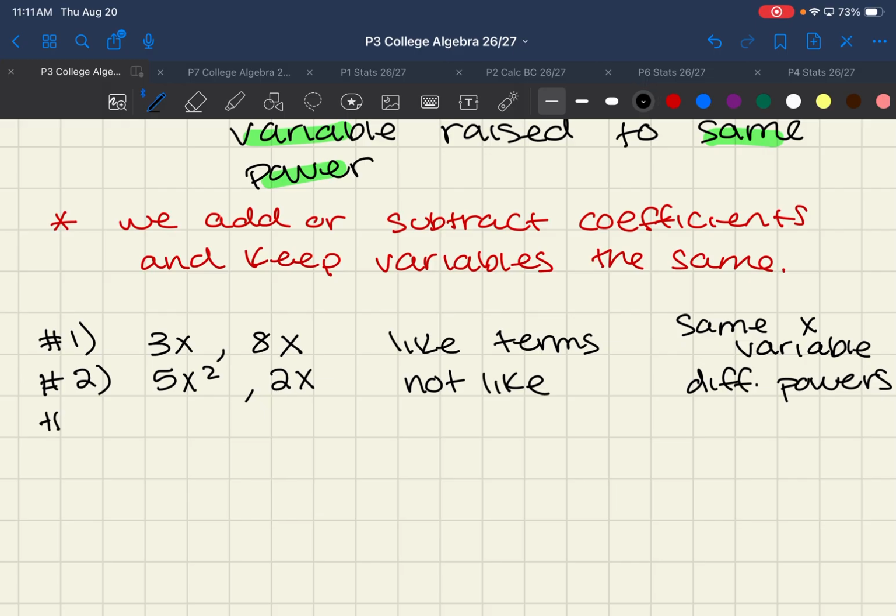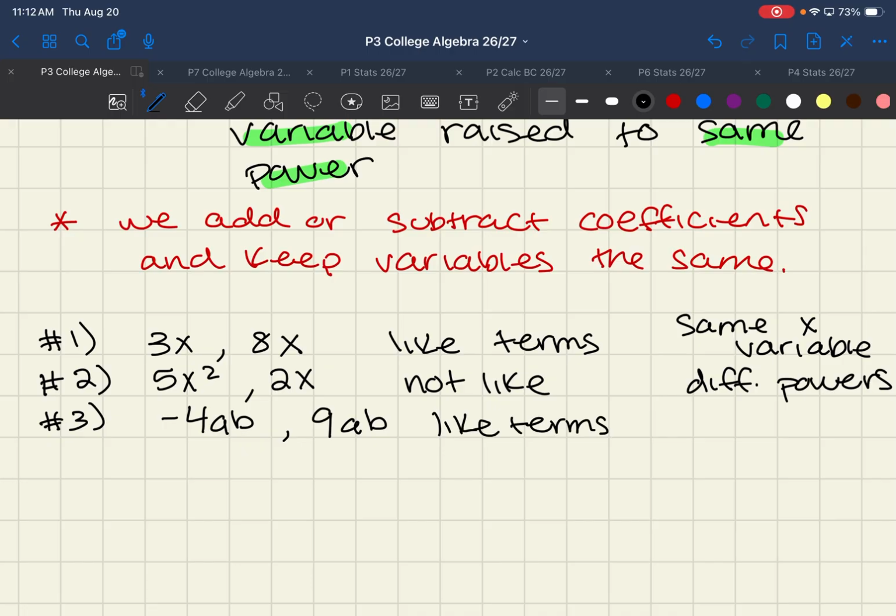The last one here for this example is negative 4ab and 9ab. Thumbs up for like terms, thumbs down for not like terms. Good, thumbs up. Why thumbs up?